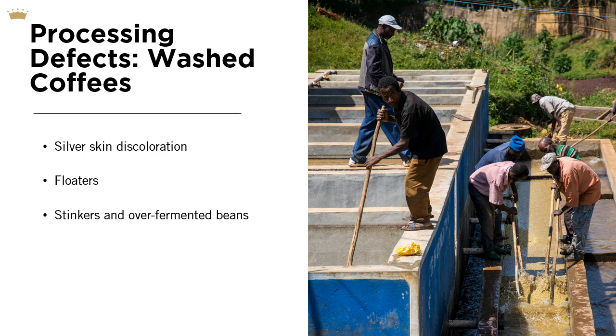The washing channels used after pulping and fermentation are the first step in grading coffees, separating floaters, a specific defect, which can include underripe seeds, drought-affected coffee, and other developmental anomalies, from sinkers, which would be the high-density coffee that's of good quality. Not to be confused with sinkers, fermenting coffee can also result in stinkers.